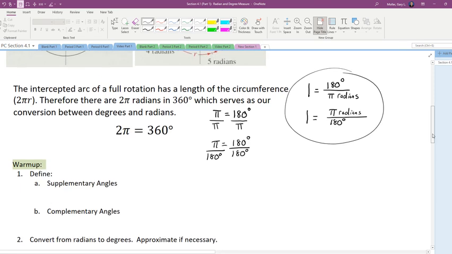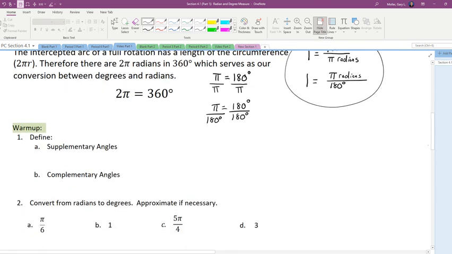A couple of quick definitions to remind us and to think about in terms of radians. We know that supplementary angles are two angles whose measures add up to 180 degrees, or we could be talking in terms of radians, which would be pi radians.